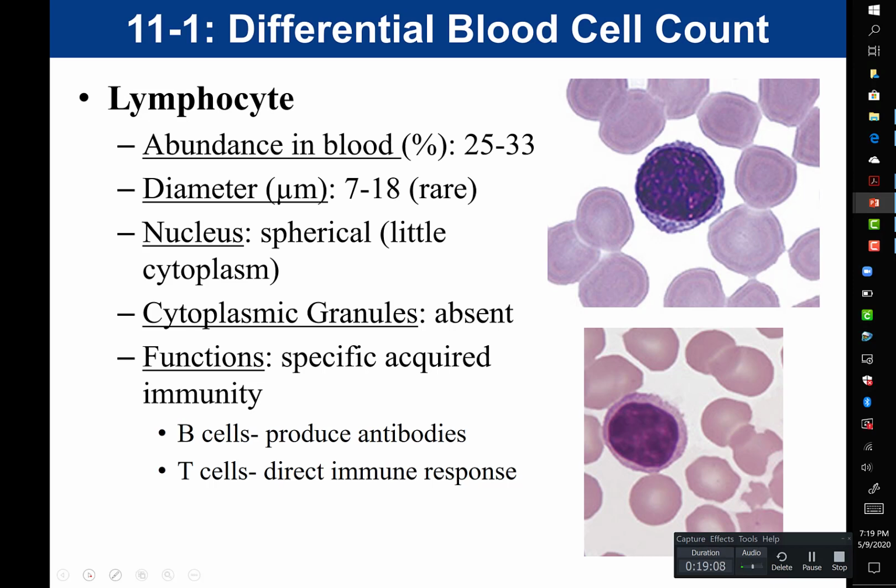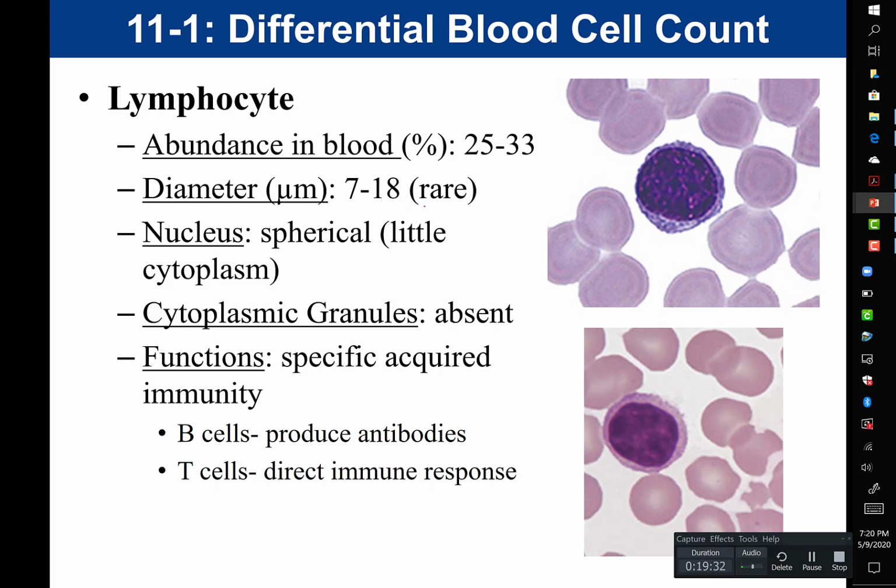In terms of their abundance, never let, so they're the second most abundant. About 25 to 33%, so about 1/4 to 1/3 of the white blood cells would be lymphocytes. In terms of diameter, they're quite variable. They can be between 7 and 18 micrometers.